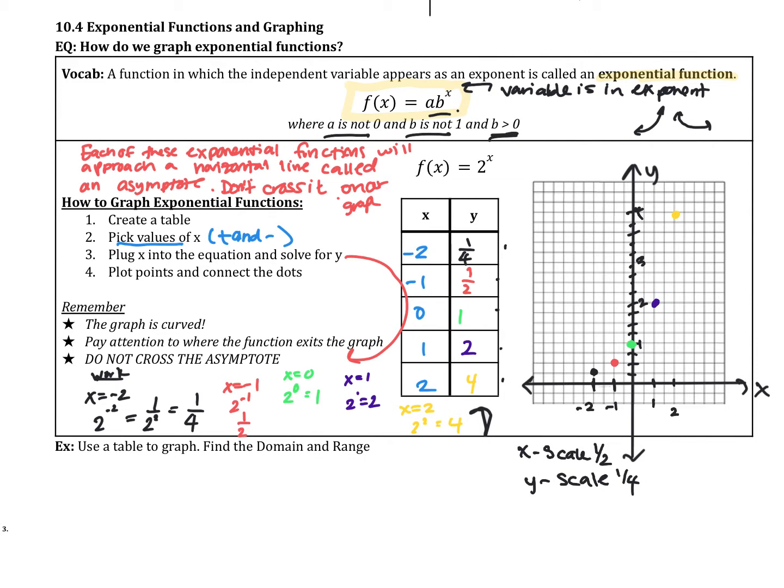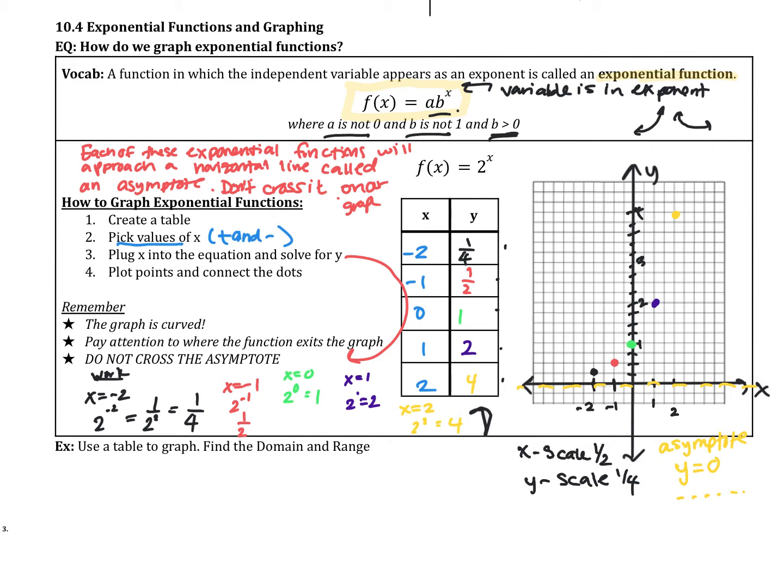Now, a couple of things to consider. Something that I absolutely want you to do is have your asymptote on your graph. And your asymptote for every problem that we're going to do is going to be the x-axis. It's going to be the line y = 0. And I want that to be a dotted line on your graph, because it reminds you and it reminds me that your graph should not touch or cross that line.